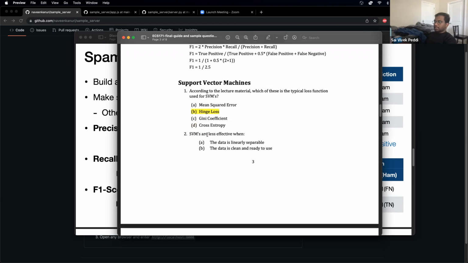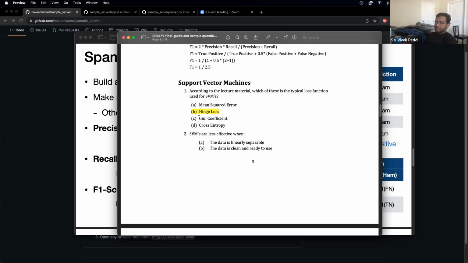Now, in support vector machines, according to the lecture material, which of these is a typical loss function used for SVMs? SVMs are hard margin classifiers. I think this must have been covered in class. We usually use something called hinge loss. Mean squared error, Gini coefficient, and cross entropy are used for some other purposes.